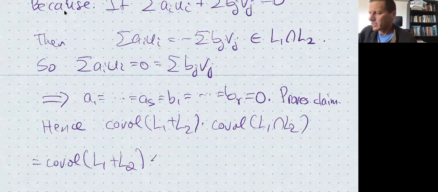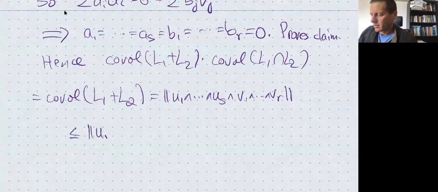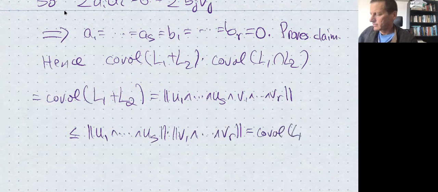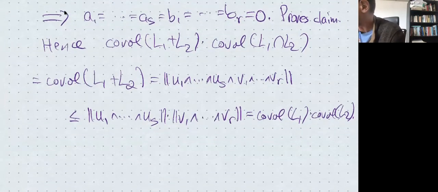And by the previous proposition, this is the norm of the exterior power. So now we got the proposition in this special case where the intersection is trivial.